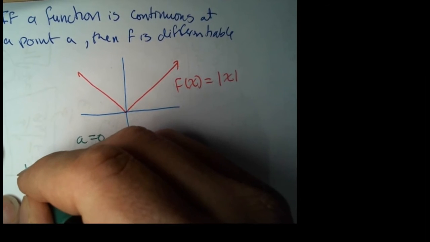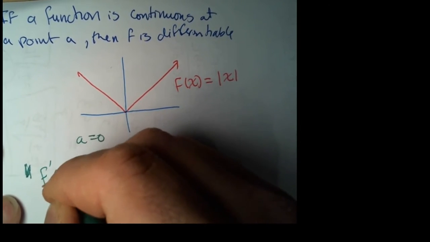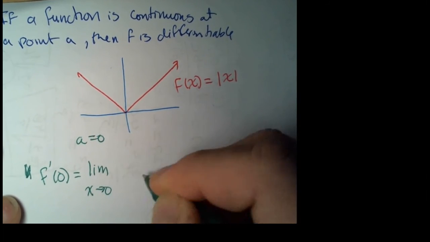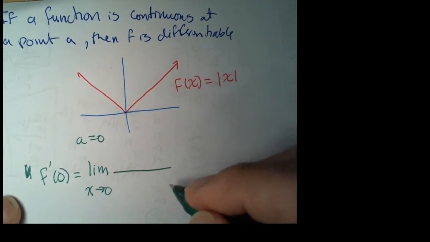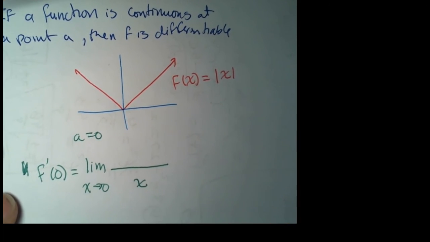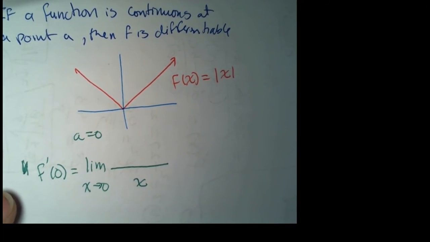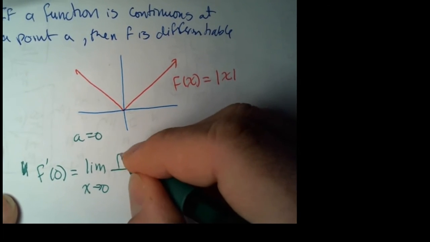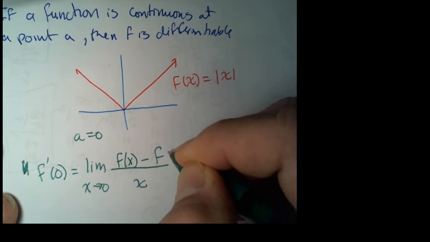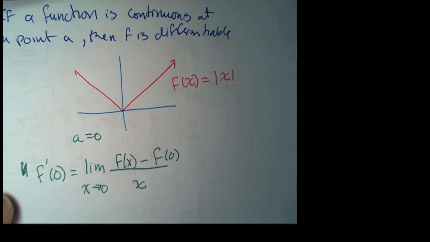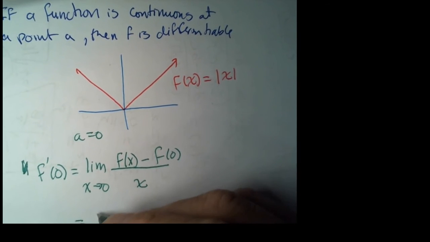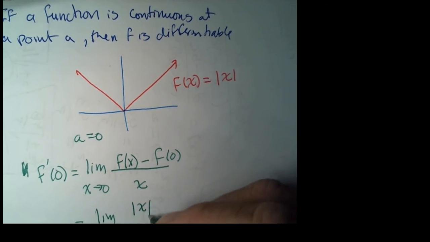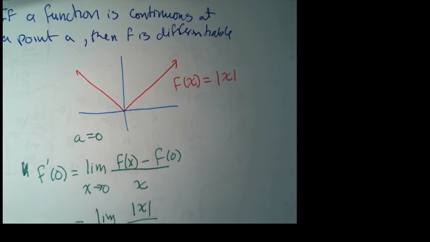So what would the limit as x approaches 0 of f of x minus f of 0 over x be? Simplifying here, we get the limit as x approaches 0 of absolute value of x over x.